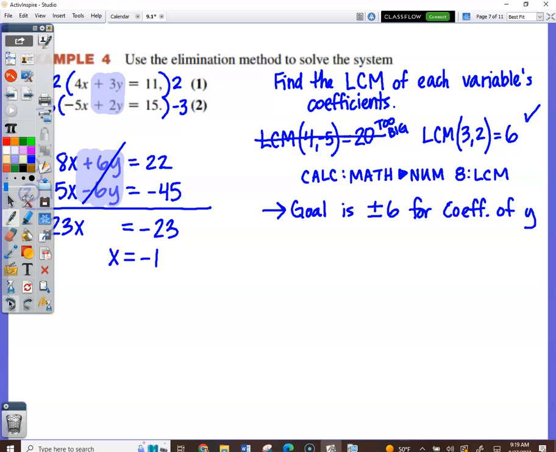I plugged it into equation 1. So equation 1 was 4x plus 3y equals 11. I found x to be negative 1. So that's negative 4.